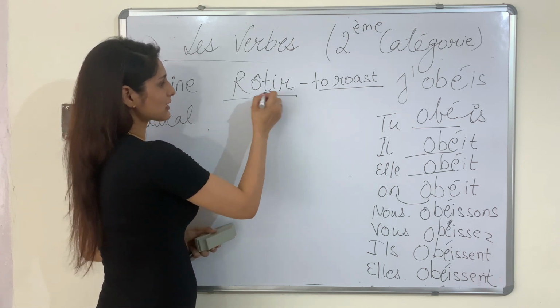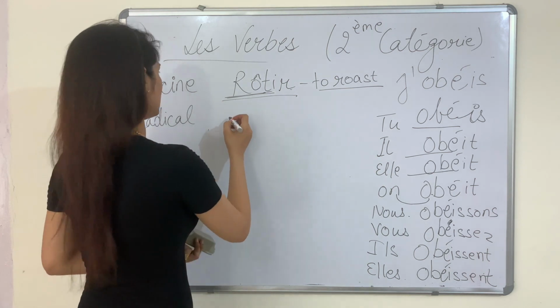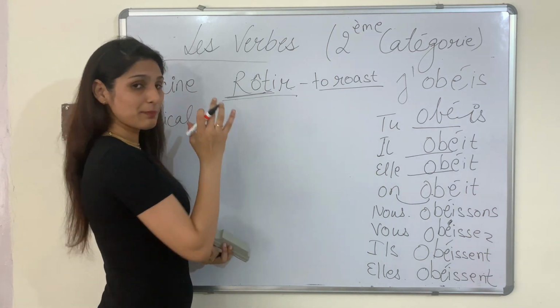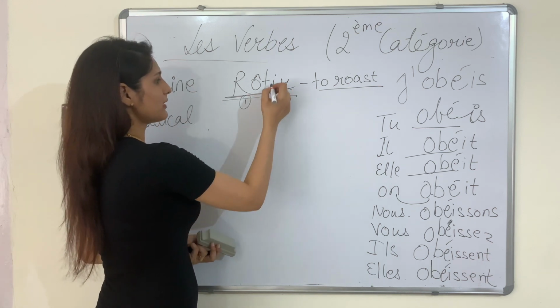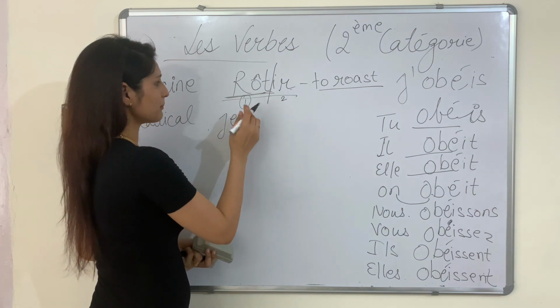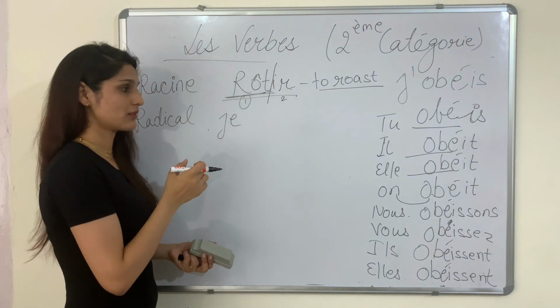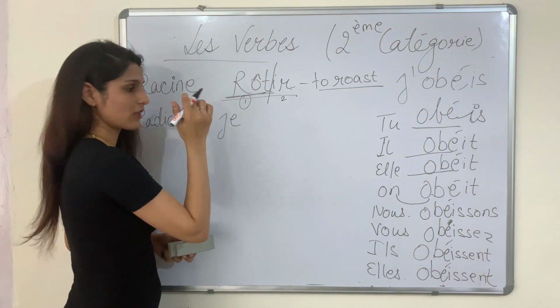Now, this ROT with the circumflex is my racine. I have to keep my racine and I have to change my radical. This is number 1. This is number 2. Okay. Je, because the verb is now starting with the consonant, so I don't have to do it like this over here.